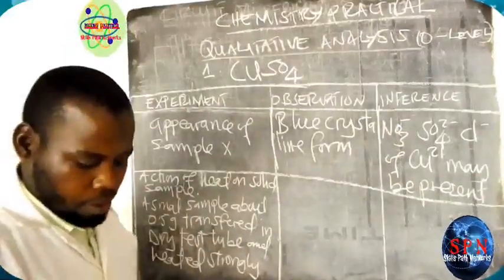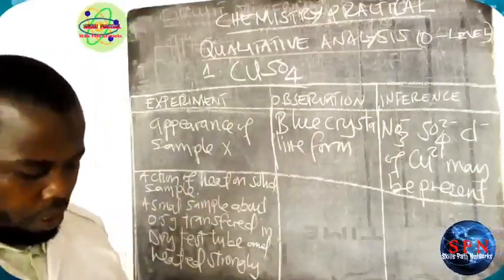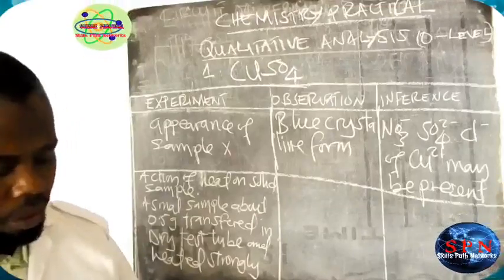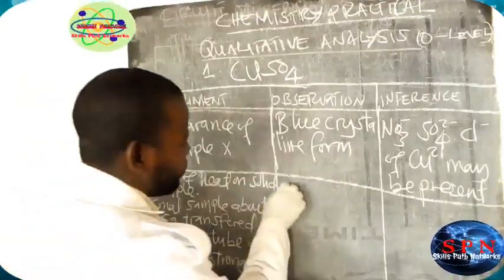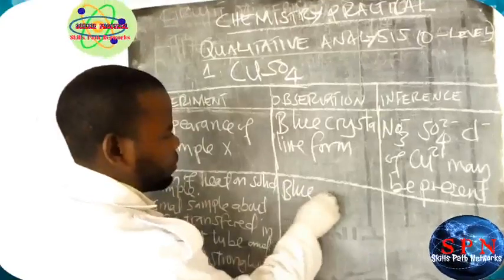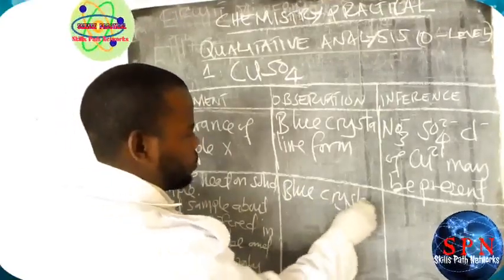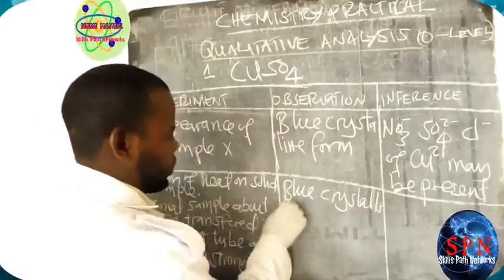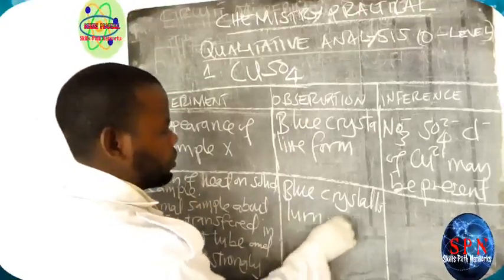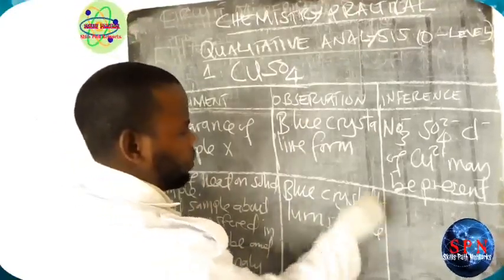So when you look on your sheet here, blue crystals turn white.